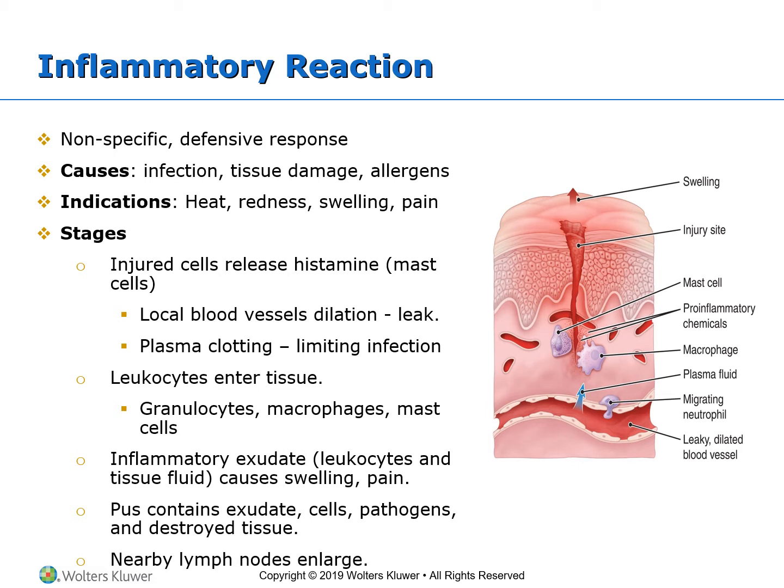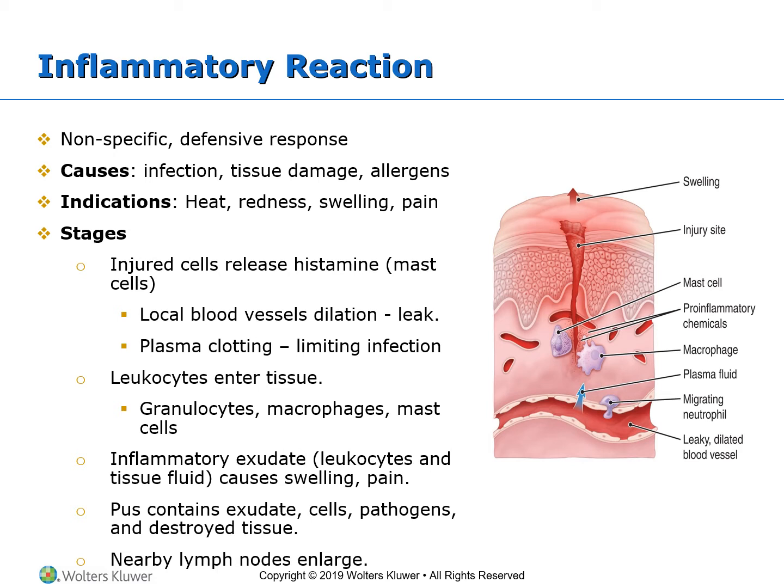And as a result of increased quantities of histamine in the tissues, the local blood vessels will dilate and will become leaky. I was telling you that their pores will, and what I'm telling you now, you can kind of follow on the image and find those elements that I'm talking about. So the blood vessels will dilate, will become leaky, and will allow the migration of neutrophils from the bloodstream to the tissues.